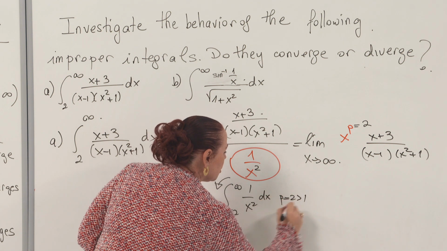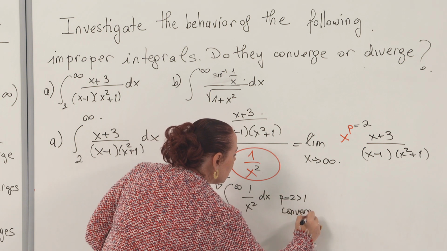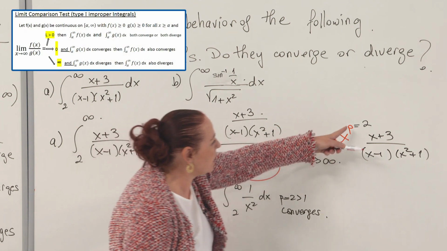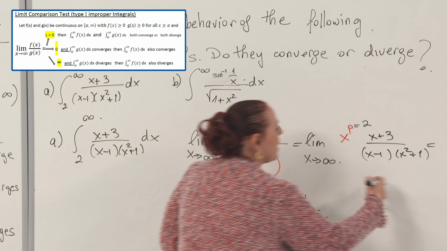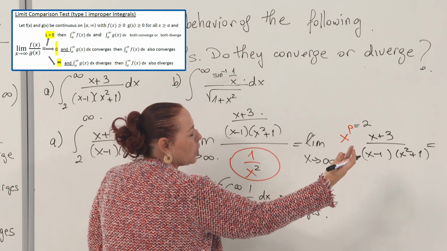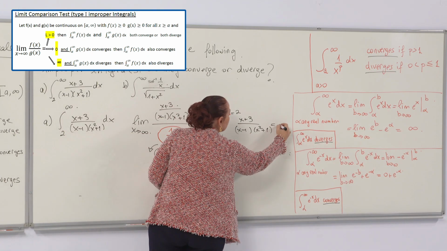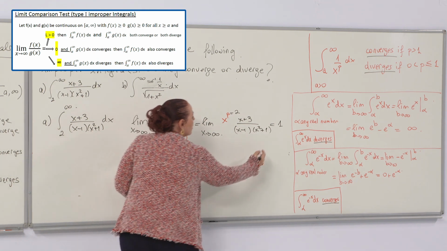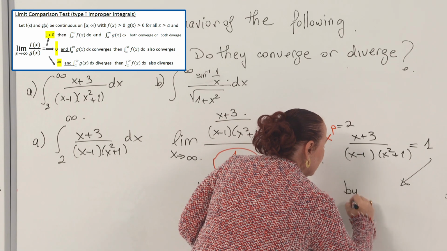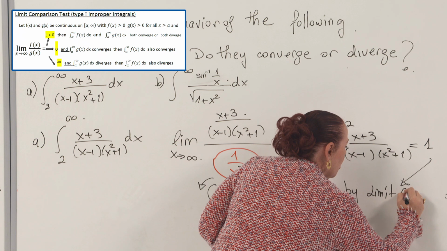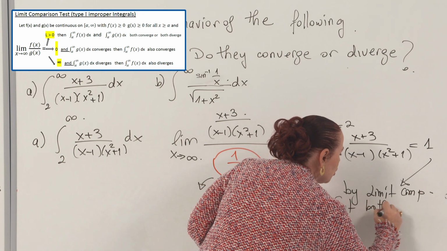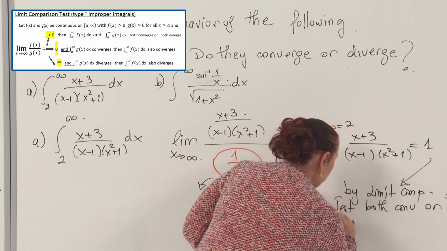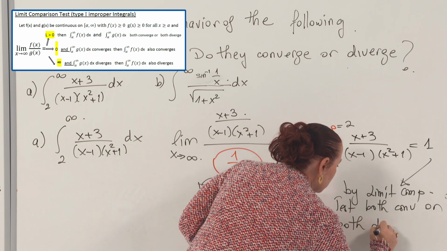P is equal to 2, greater than 1, converges. With x to the power 2, what is this limit? It's the ratio of the leading coefficients, which is 1 over 1, so the answer is 1. Which means by the limit comparison test, both converge or both diverge.